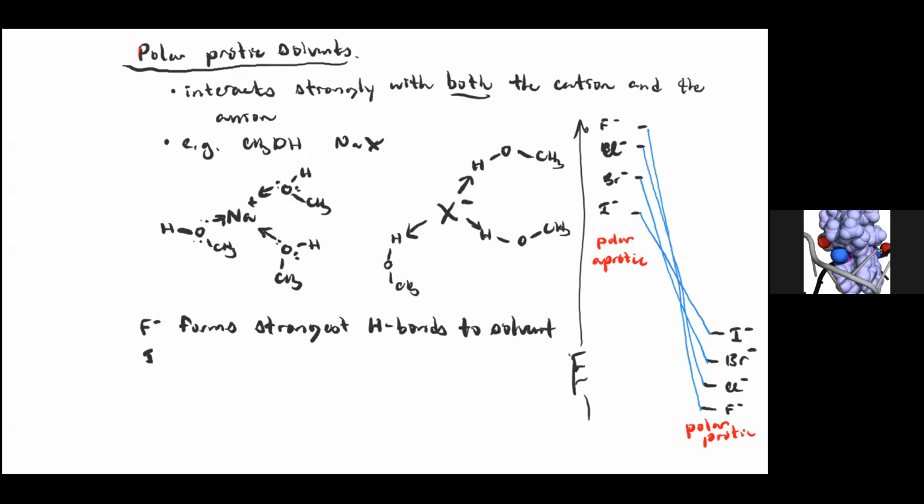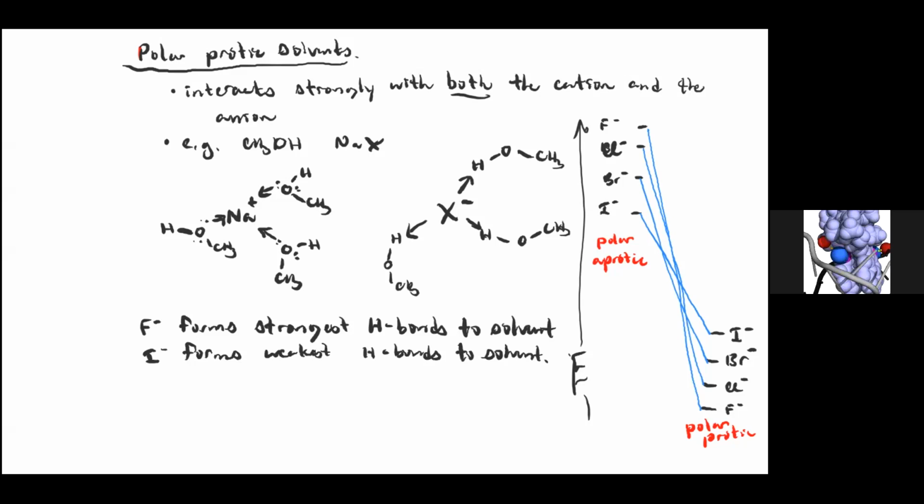I minus forms the weakest. Okay, and if you just consider the distance that F travels in that chart on the right, the delta E between the two solvents is greatest for F minus and lowest for I minus.